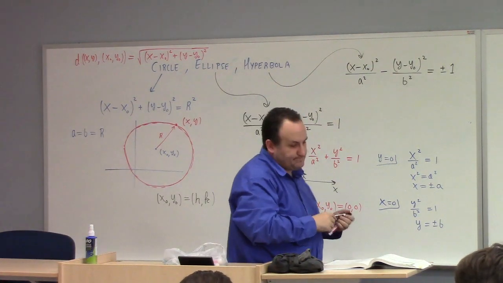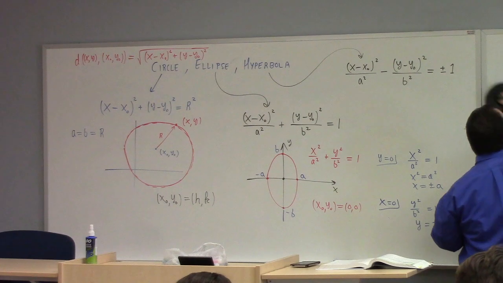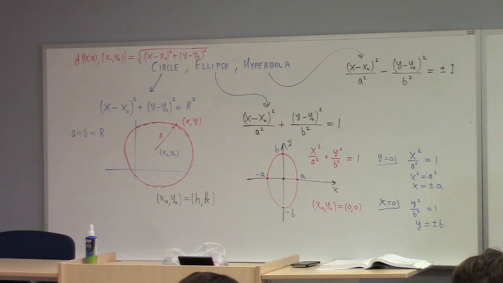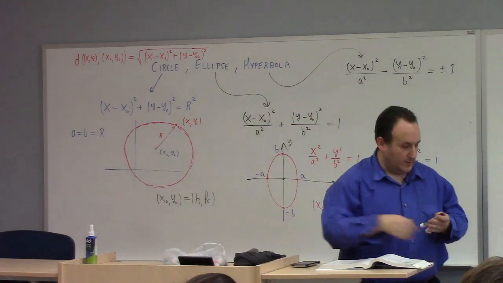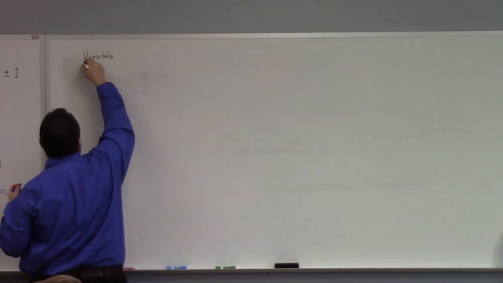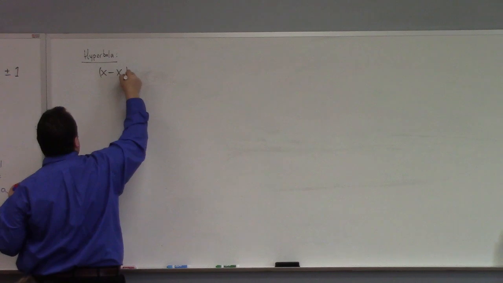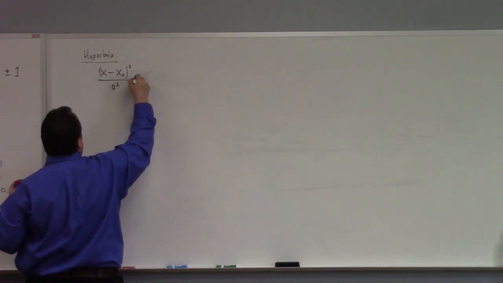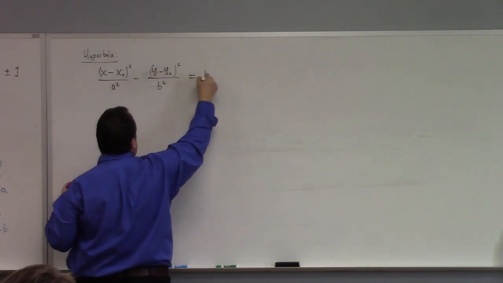What does a hyperbola look like? Let me be more specific here, because there are two different cases. Let's look at the case x minus x naught squared over a squared minus y minus y naught squared over b squared equals 1.